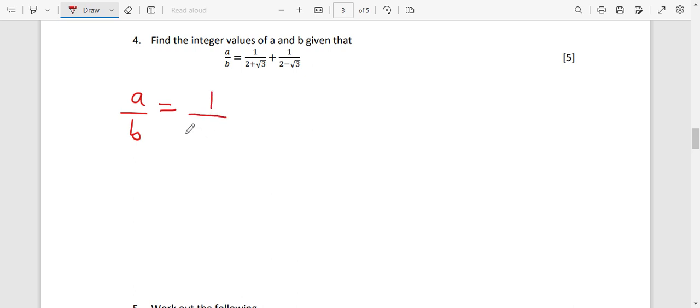Is 1 over 2 an integer? No, it's not. What of 1.5? Is it an integer?